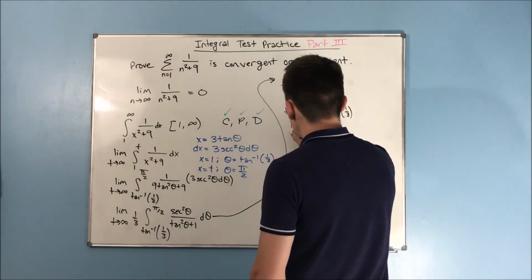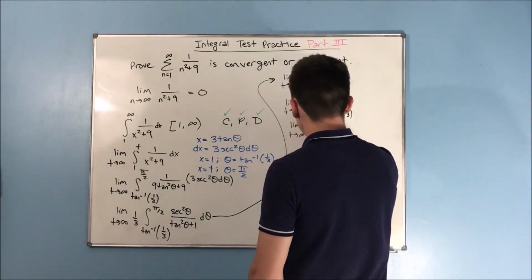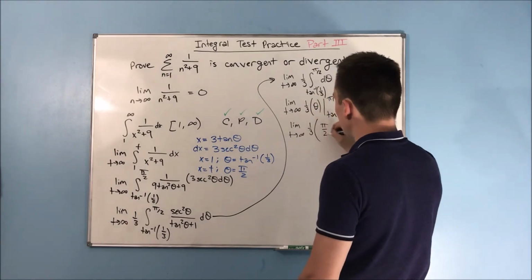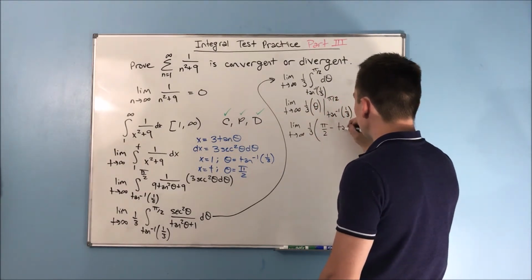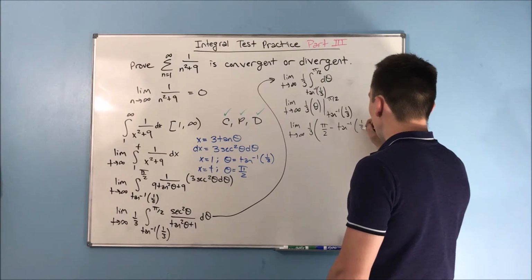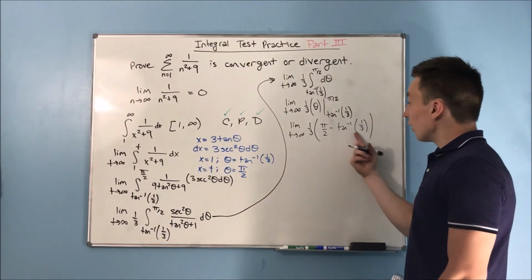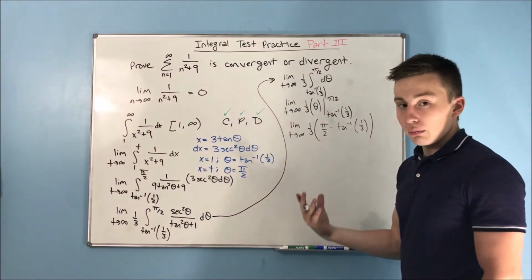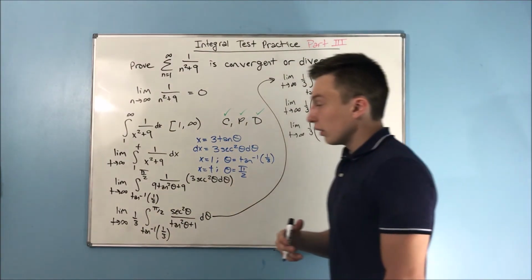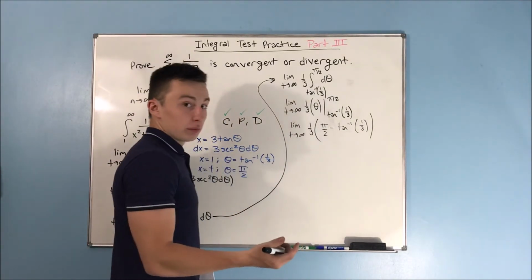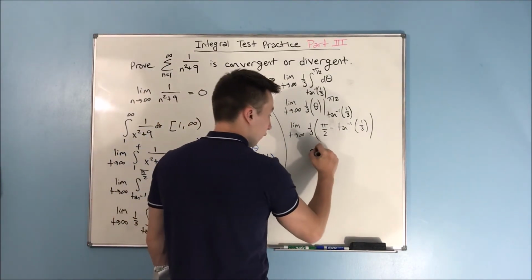Plugging that in, we get the limit as t approaches infinity of 1/3 times pi over 2 minus the inverse tangent of 1/3. This number is a finite value, so we know that this is going to be convergent.